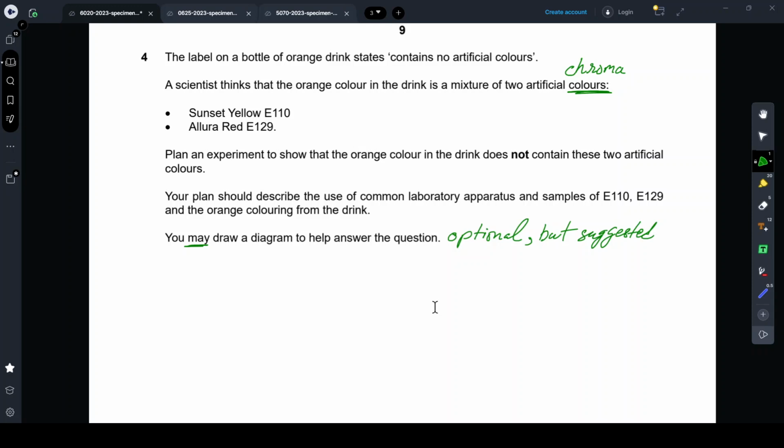No, not titration. I've pretty much given you the answer. Chroma. Chroma what? Paper chromatography. Yes. It's chromatography.